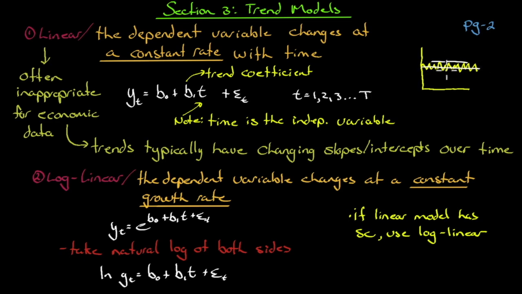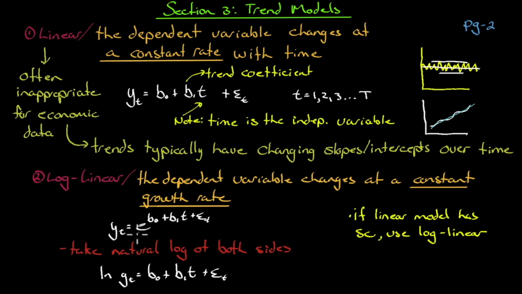You can see that if we look at the range highs and lows, we seem to have a constant variance. But if we look at something like GDP over time, it will tend to do this. Which means if we draw a trend line through here, we will get serial correlation. So if we use a log linear model, we may get rid of that.